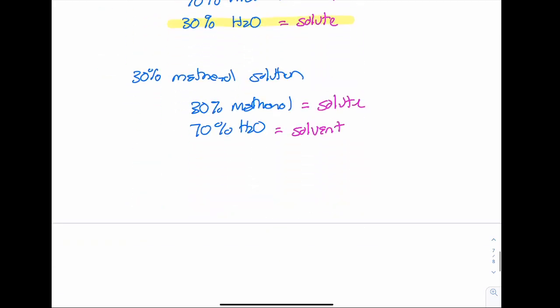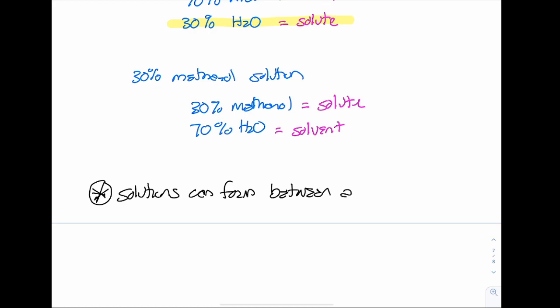The other thing I want to say about solutions before we start talking about units of concentration is that solutions can form between any states of matter. So in my Kool-Aid example, it was between a solid and a liquid. In my methanol examples, it was between two liquids.